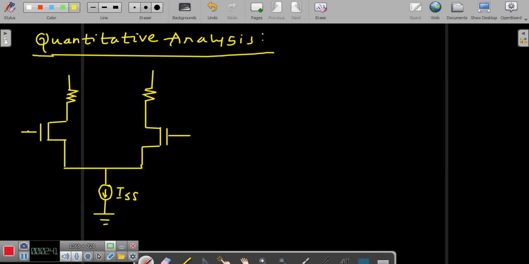Then this is my VDD. So this is Vout1 and this is Vout2.